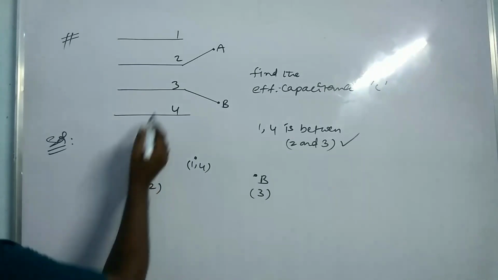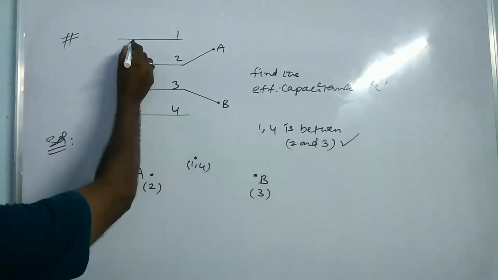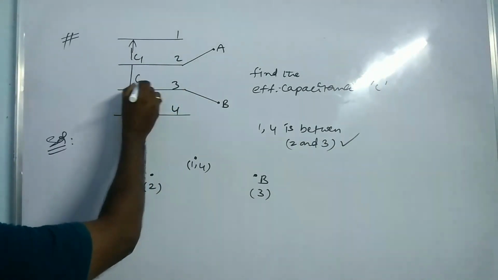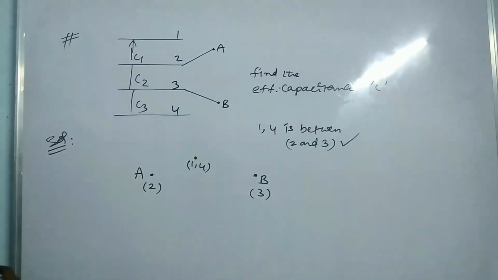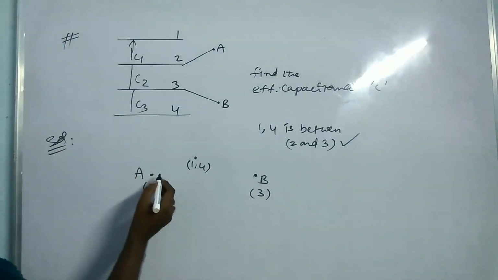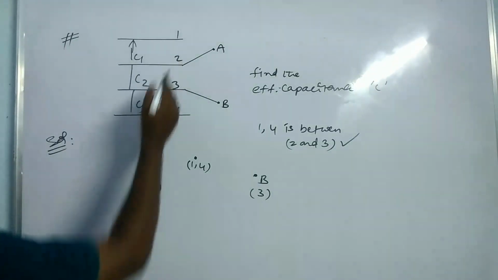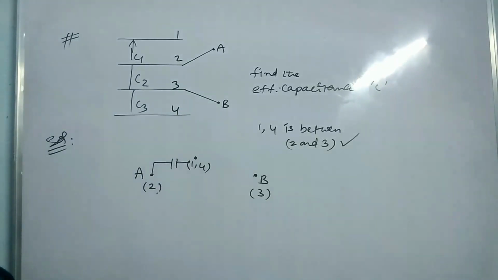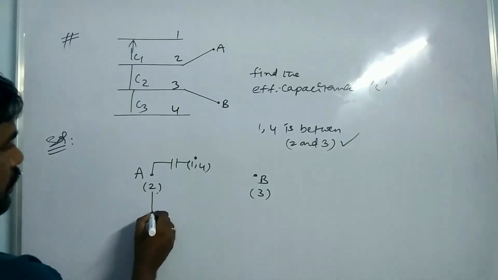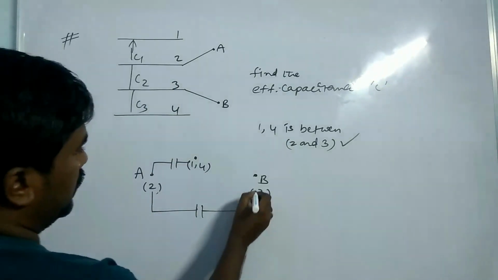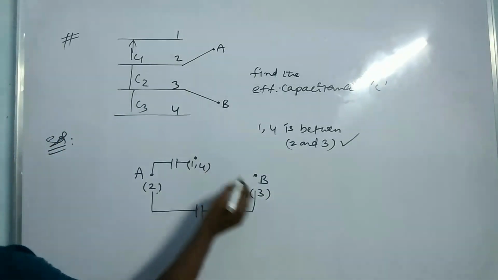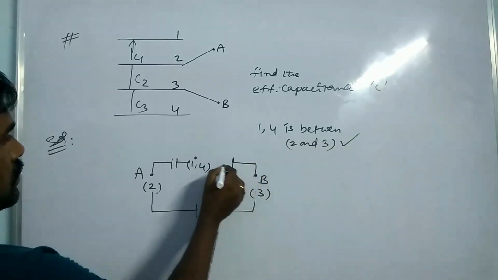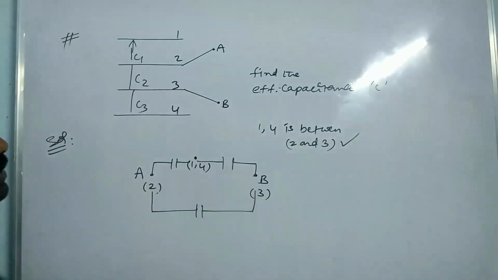Right? So these are the capacitors C1, C2, C3. Three capacitors are there. The first capacitor C1 is between 1 and 2. So between 2 and 1 there is a capacitor. And between 2 and 3 there is a capacitor. And between 3 and 4 there is a capacitor. Clear?